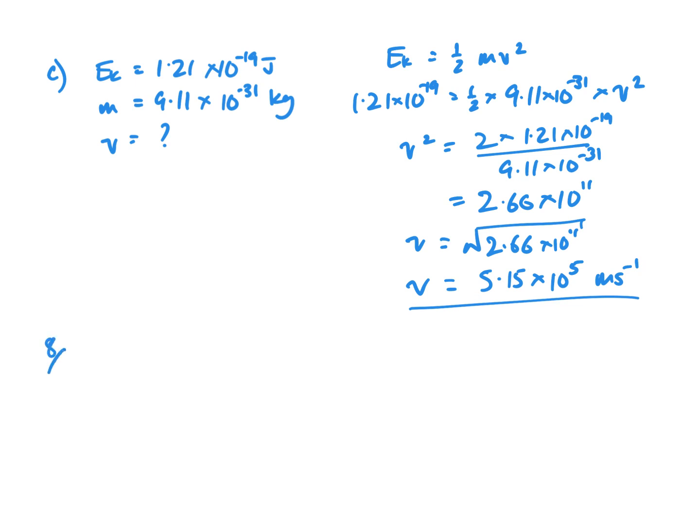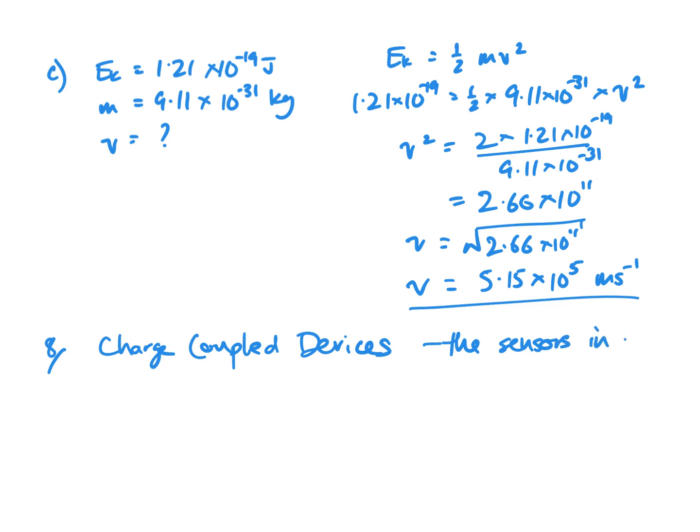And lastly, some applications of the photoelectric effect. Probably the two that are easiest to talk about are, first of all, charge-coupled devices, or CCDs. And these are the sensors in digital cameras. So you've almost certainly got these in your mobile phone, for instance.